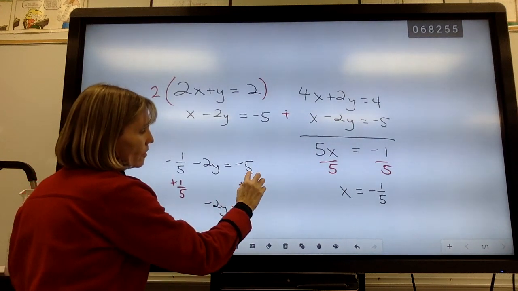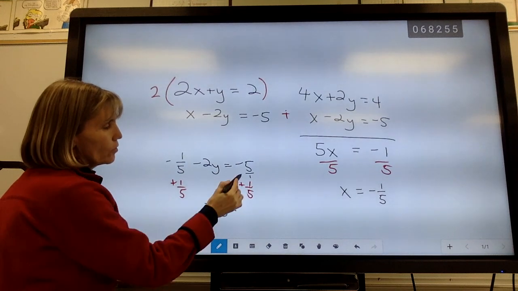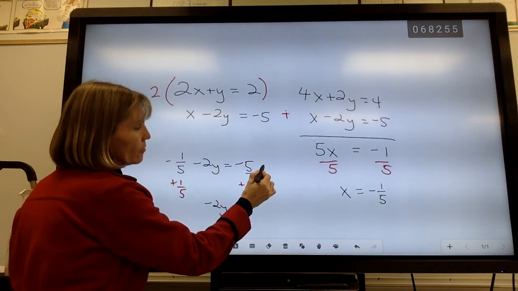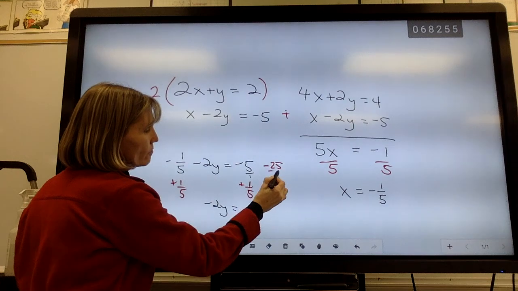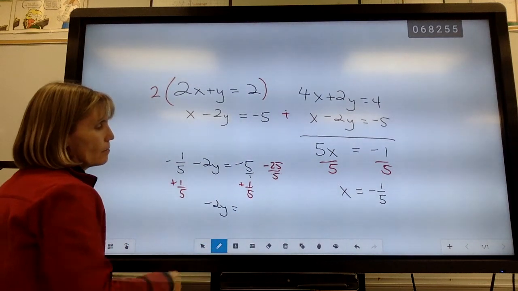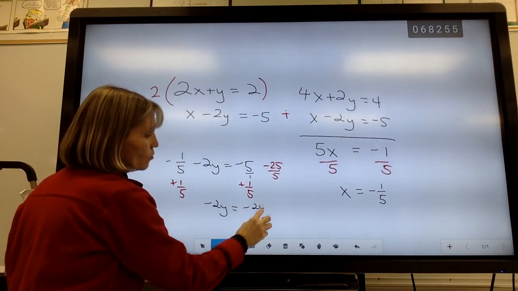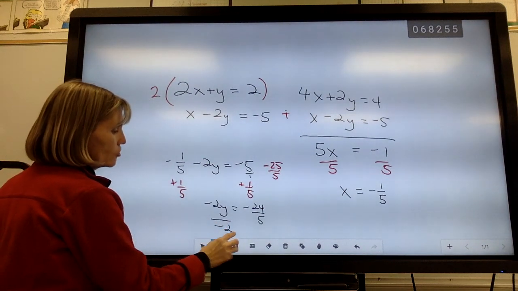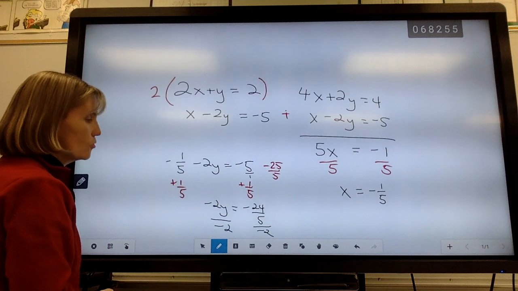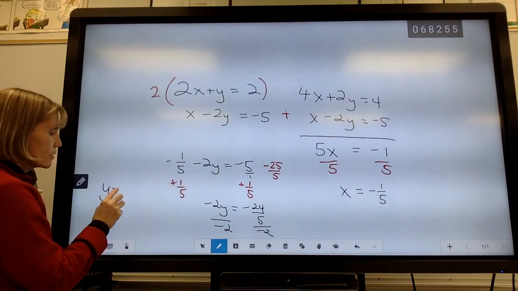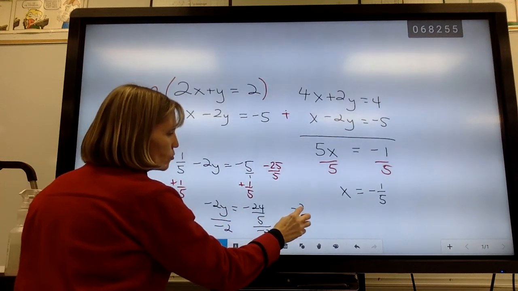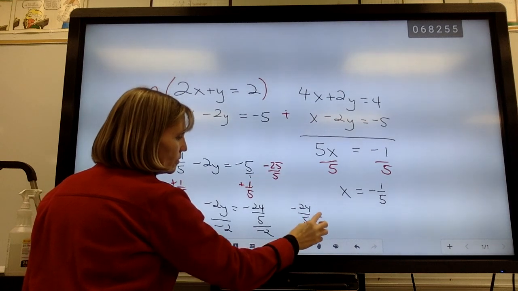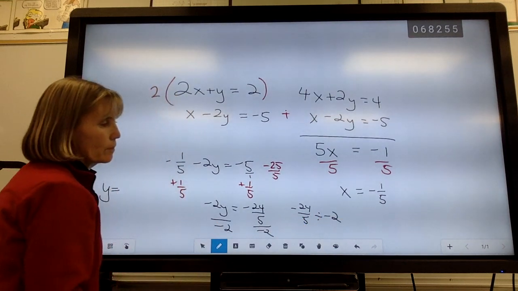Okay, this is a negative 5 over 1, so if I write it with a common denominator, this would become negative 25 over 5. And I'm adding 1/5, that's going to be negative 24/5. And then here we're going to divide by negative 2. So y is equal to negative 24/5 divided by negative 2.